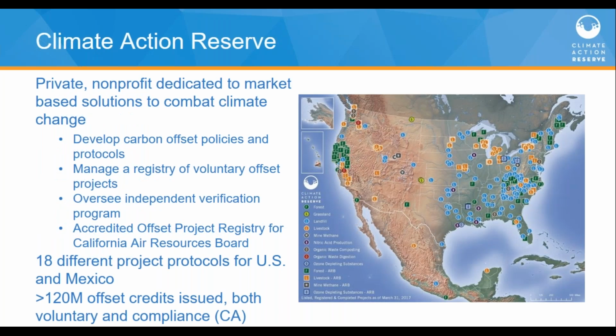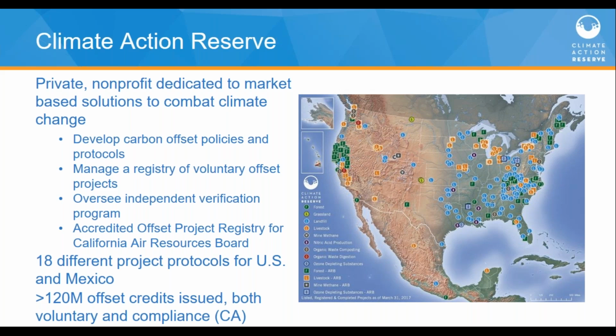So quickly, for those of you who don't know, the Climate Action Reserve is a private nonprofit committed to market-based solutions to combat climate change. We develop carbon offset policies and protocols, the nitrogen management one we're discussing today. We manage a registry online of voluntary offset projects and store the credits there. We also oversee an independent verification program and provide project oversight.